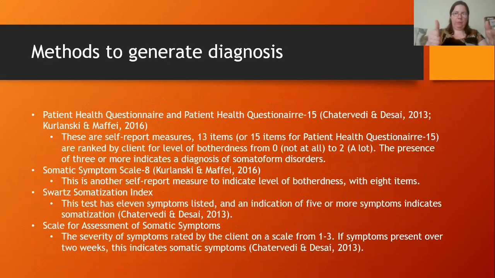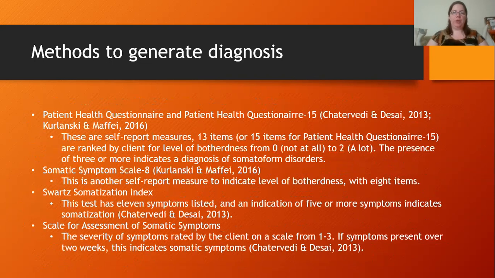So here are some of the methods to generate diagnosis. These are all assessments that you can have a client take and look at the results to help confirm or add credence to your diagnosis. There's the Patient Health Questionnaire and Patient Health Questionnaire 15.